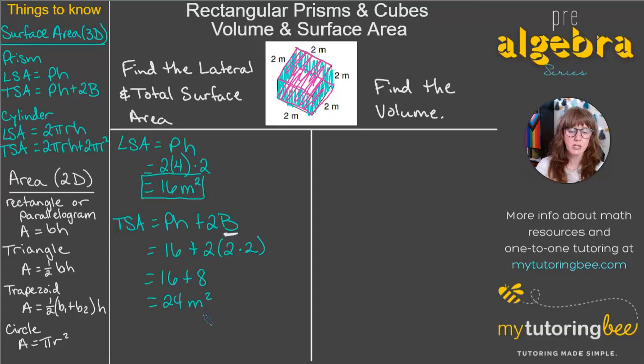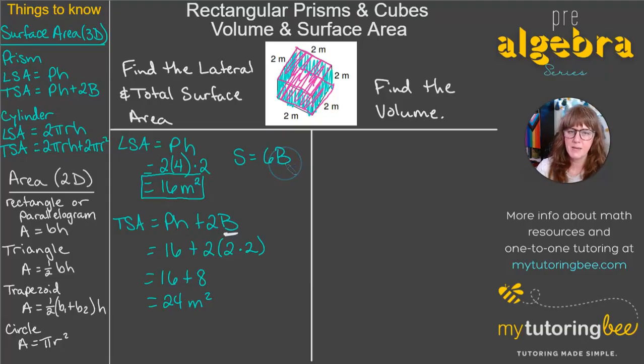Now, because this is a cube, I'm going to give you one more formula. Because this is a cube, all 6 sides are the same area. So you may see the total surface area of a cube formula written a little bit differently. Instead of using the perimeter, what we might see is the surface area is 6B. So what does that mean?